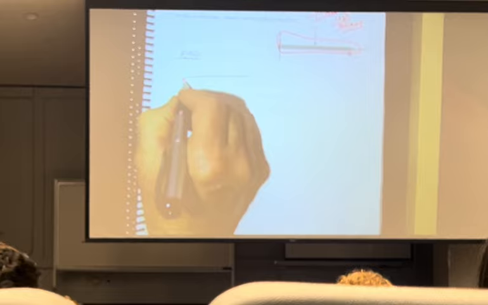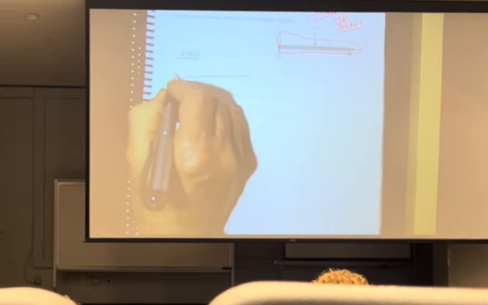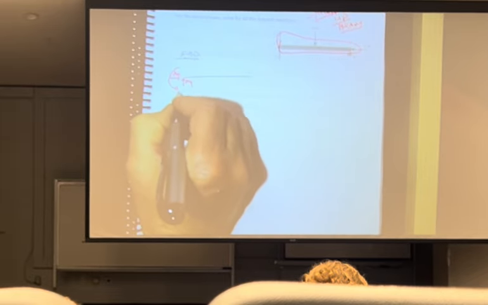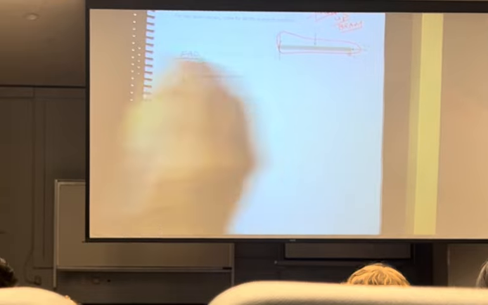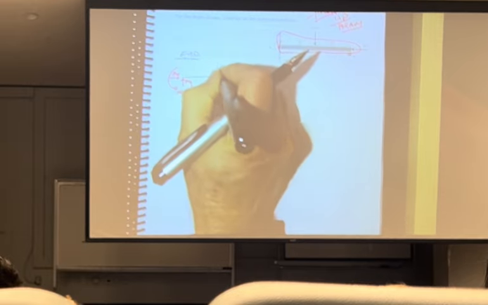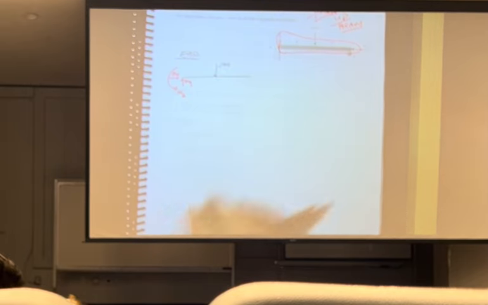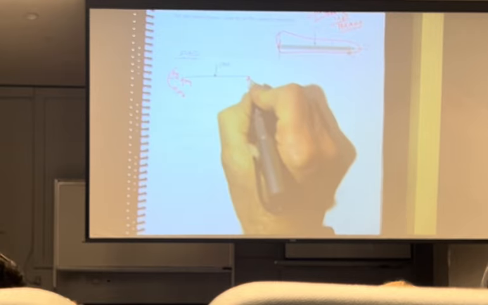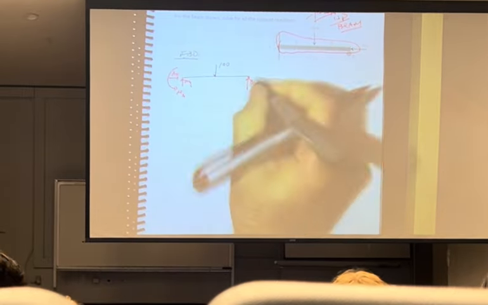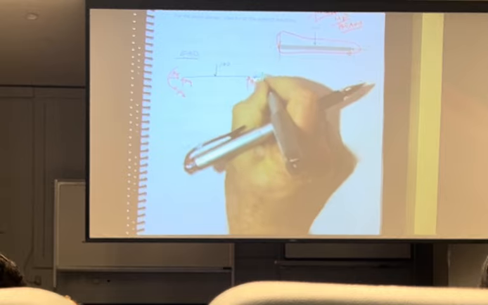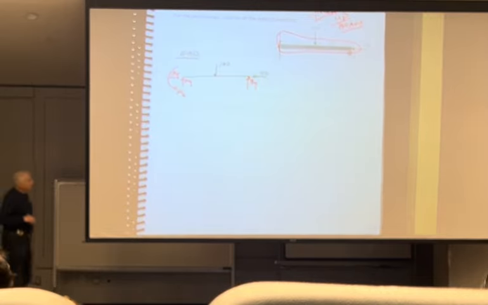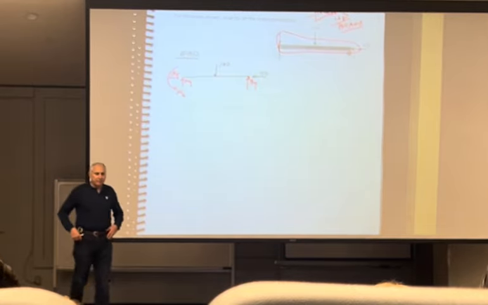I have an AY, I have an AX, I have a moment MA, I have a single concentrated load here of 100 acting at the middle, I have a BY, and I have a force of 50. Good free body diagram?